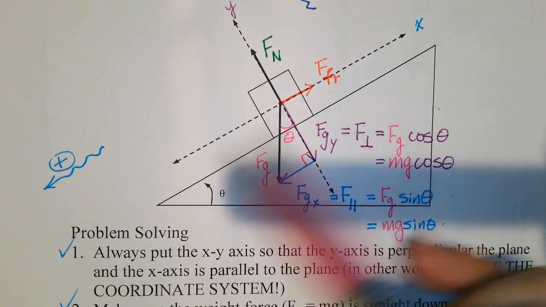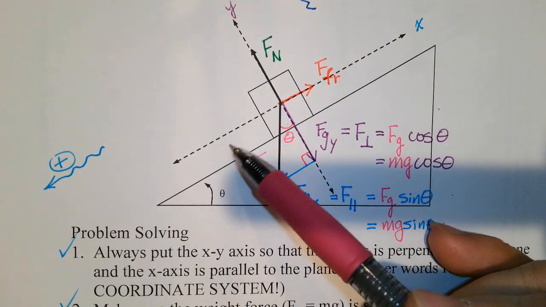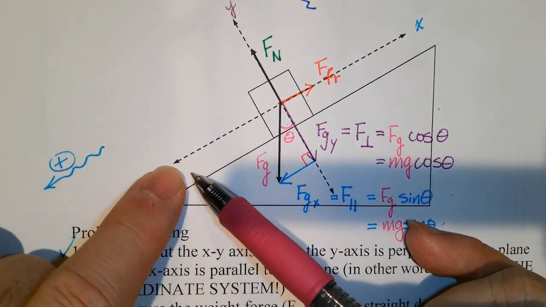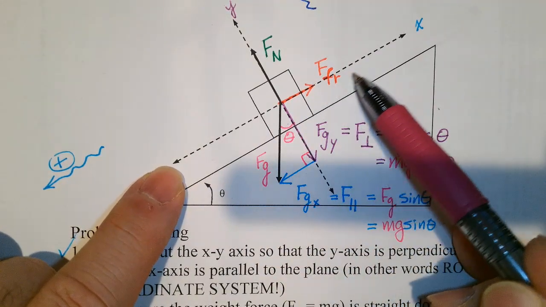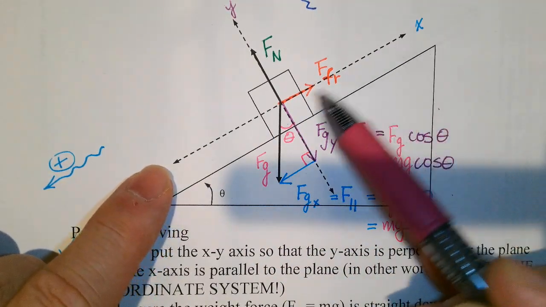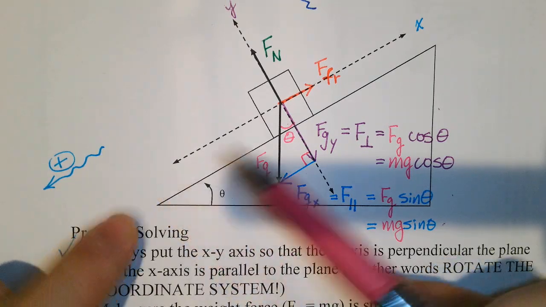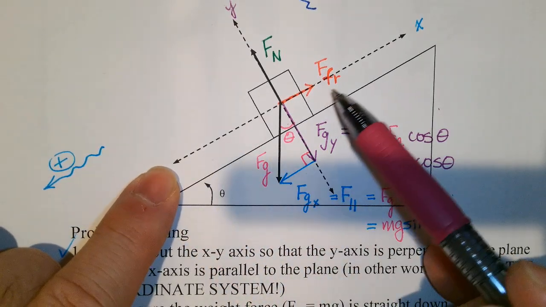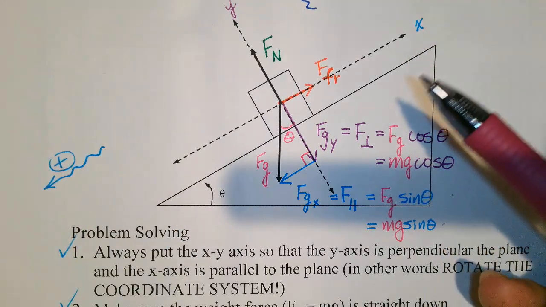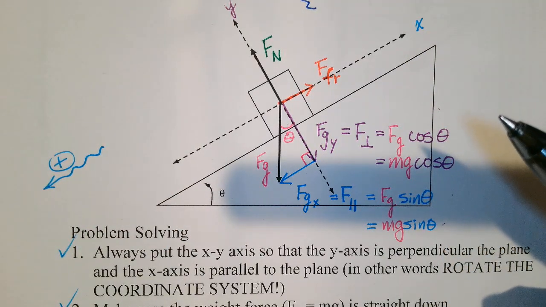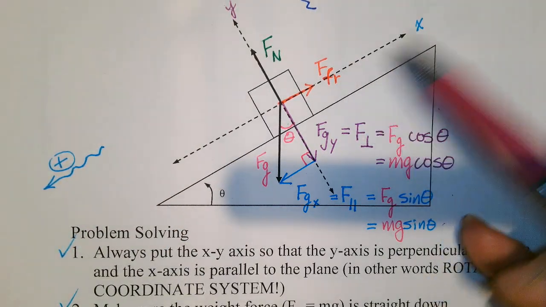As soon as it leaves my fingers, it's going to slow down, slow down, stop, and then slide back down again. As it goes up, which way is the direction of motion? Well, that's obvious, right? It's going to be up.